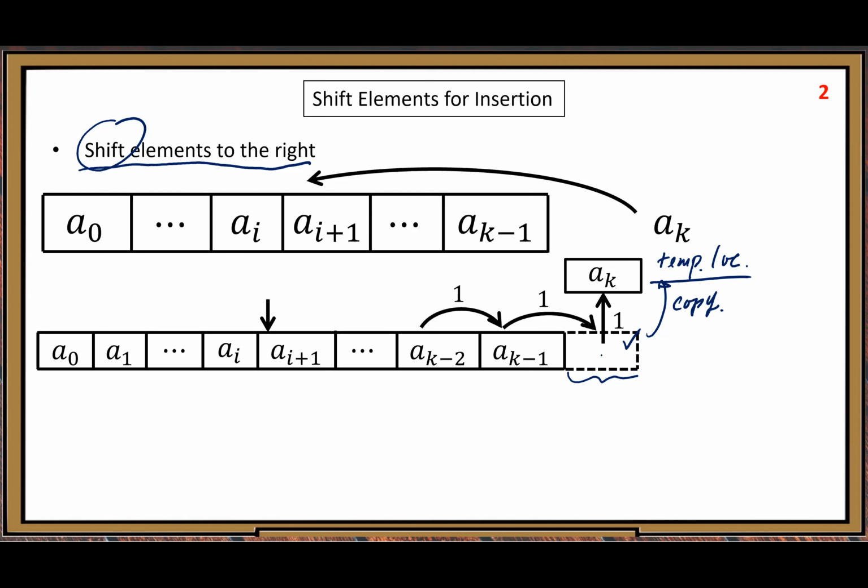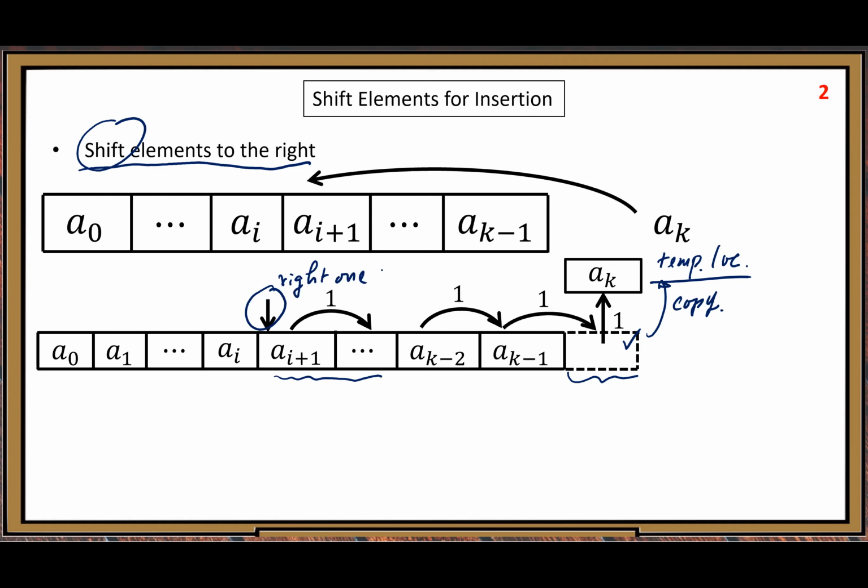Similarly, for A sub k minus 2, we do another comparison. If it is greater than A sub k, we shift it to its right adjacent vacant location, and so on. Keep doing that until we make this last shift. This is the last shift because we assume this is the right position. So we stop.